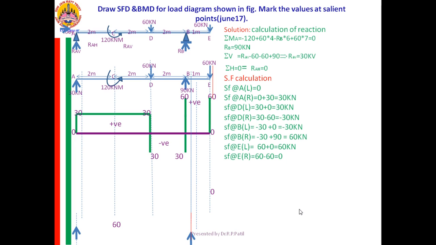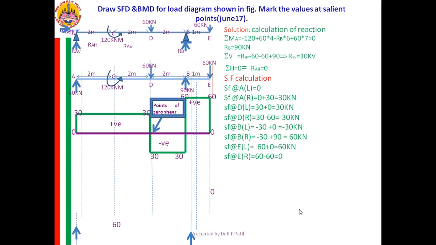Then from D right to B left, see the load there. No load. That is why I need to join it by means of a straight, parallel line. Again, B right to E left, no load. Yes, this is your required shear force diagram.